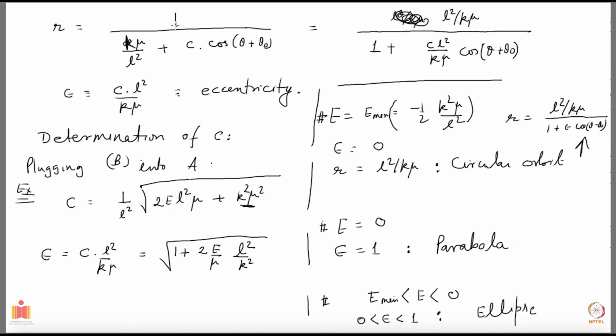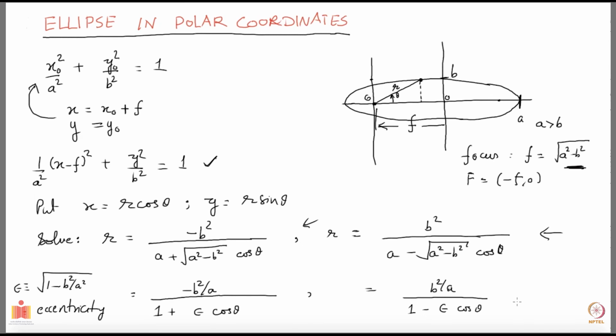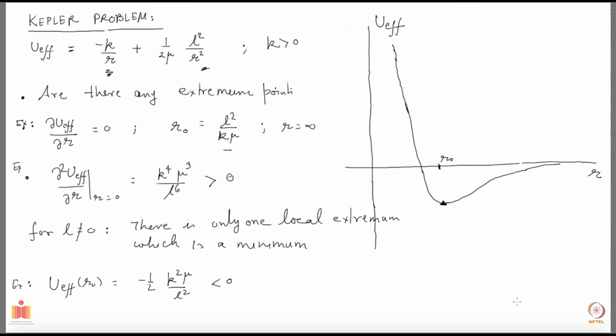And if epsilon is greater than 1, you have a hyperbola. Okay, so an ellipse is a closed curve and a hyperbola is open, and this is consistent with what we already expected from our energy diagram.